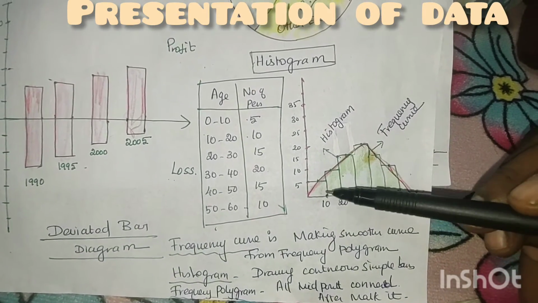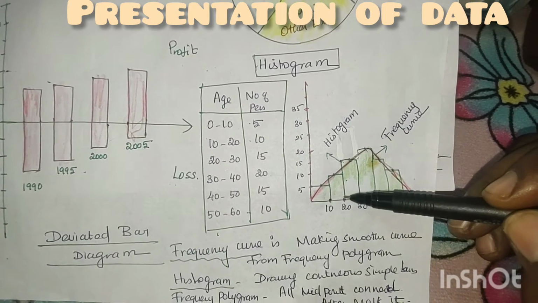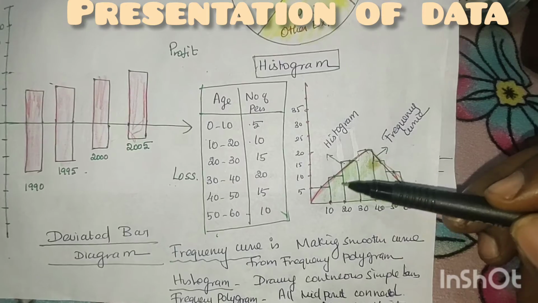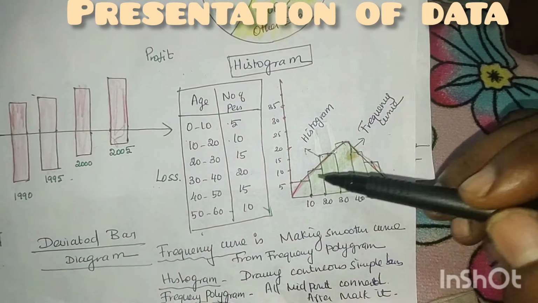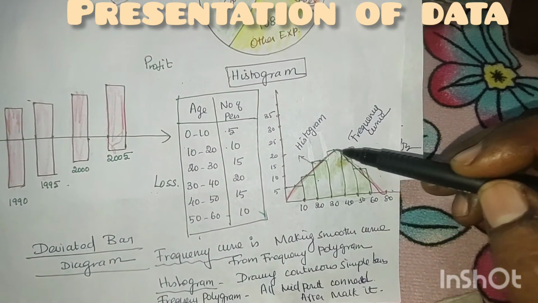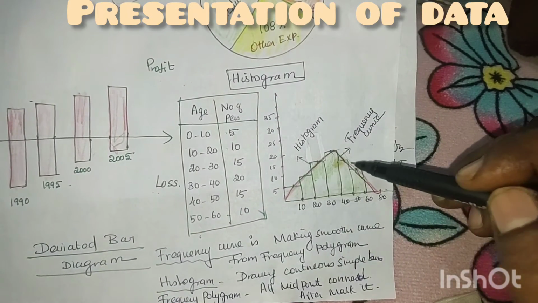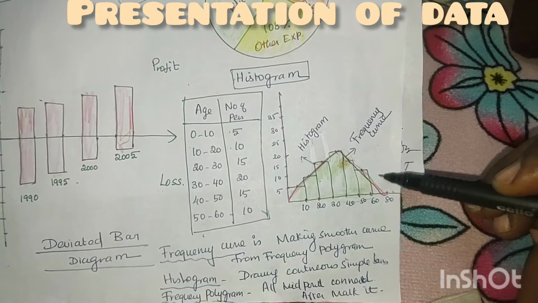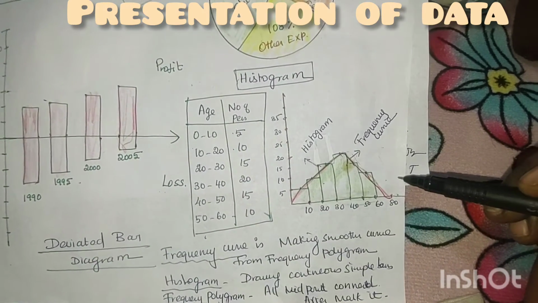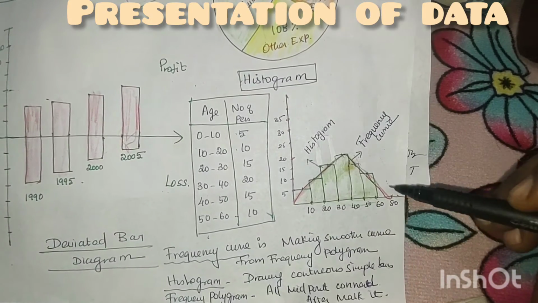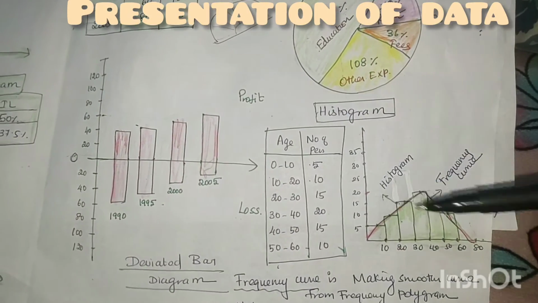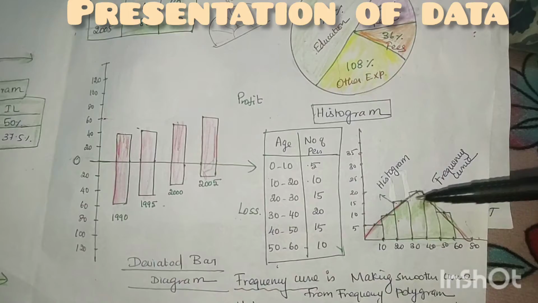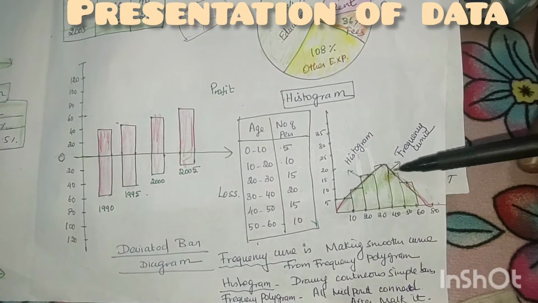What is called a frequency curve? A frequency curve is making a smooth curve from the frequency polygon. What is a histogram? Drawing the continuous simple bars. And the frequency polygon is where all the midpoints are connected, right or not? These connected midpoints form the frequency polygon. The frequency curve is the smooth curve which you make from the frequency polygon. So hope you understand. A histogram needs continuous data. The rectangular boxes are there, the midpoints are connected, and this is called the frequency polygon.